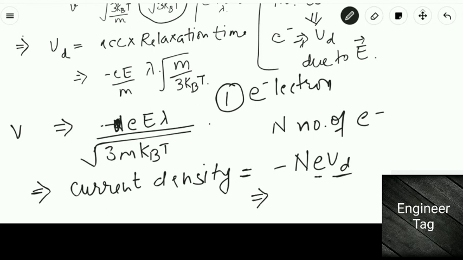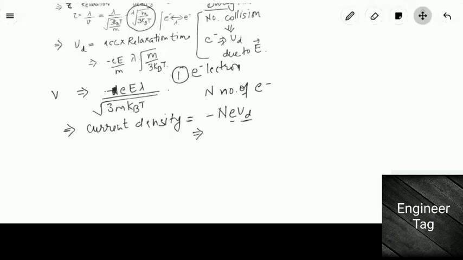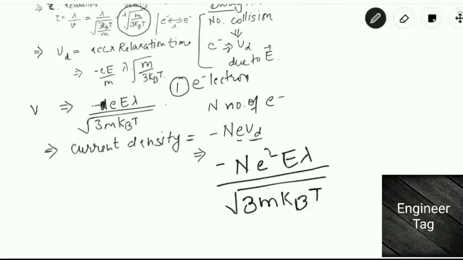So total current density will be minus n e square E lambda over under root of 3m kbt. This is the total current density because of drift of electrons, JD.